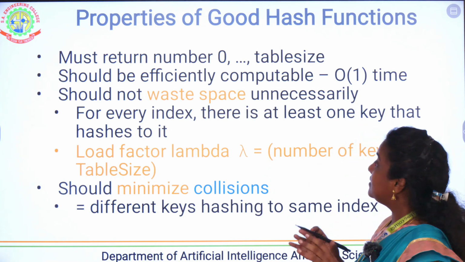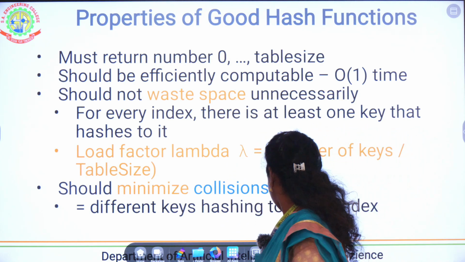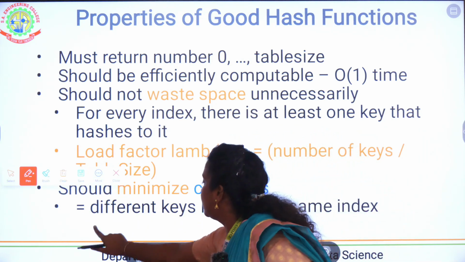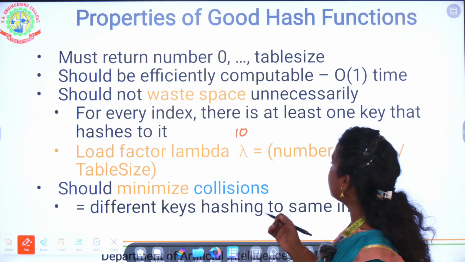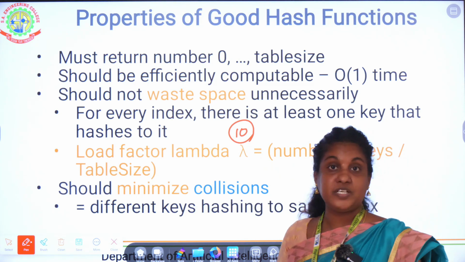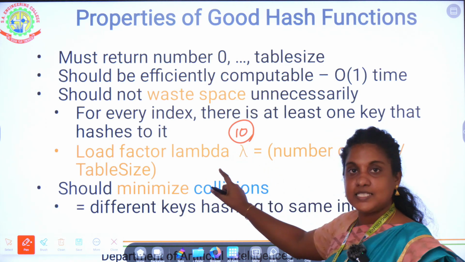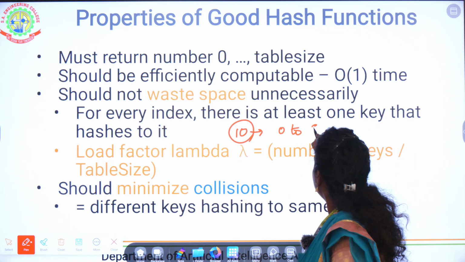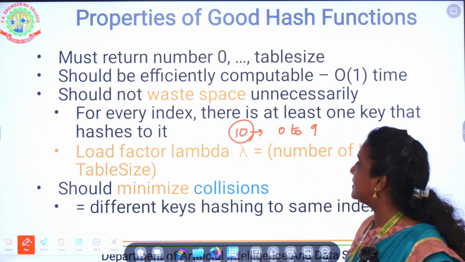For example, my table size is 10. Whatever hash function we choose, it should always yield hash values in the range 0 to 9. That is the first point.